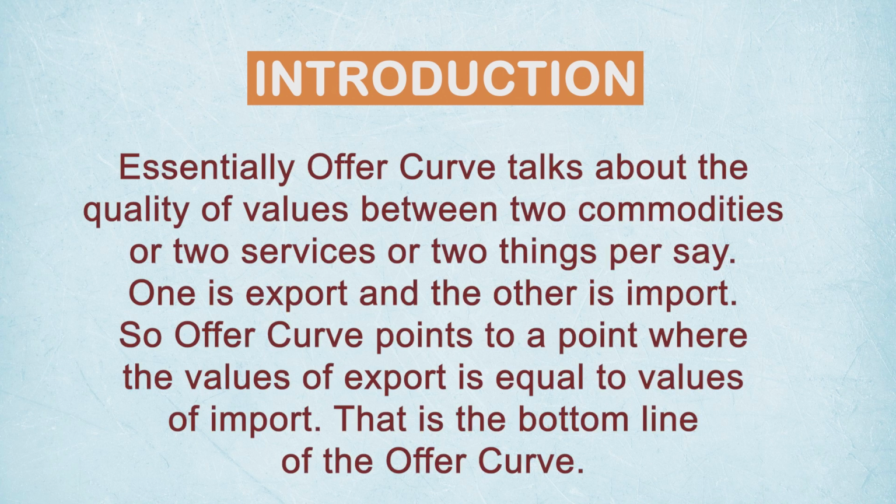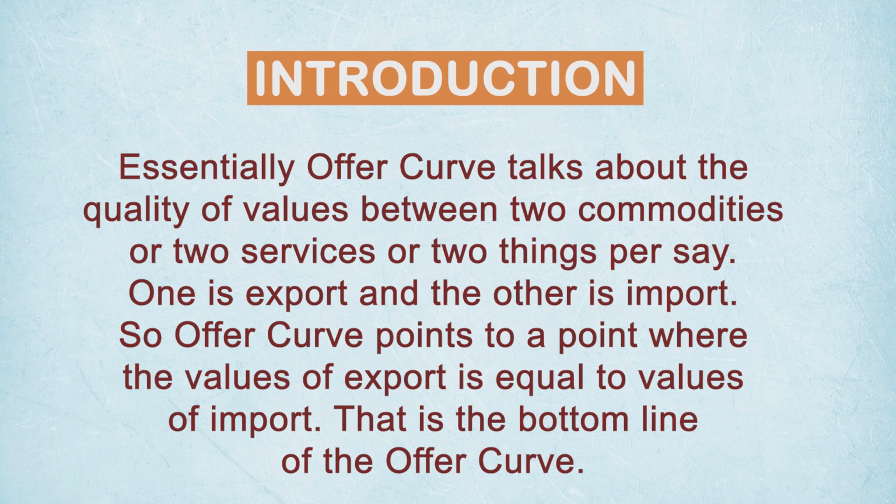So essentially, offer curve talks about the equality of values between two commodities or two services or two things per se. One is export, the other is import. So offer curve points to a point where the value of export is equal to the value of import.